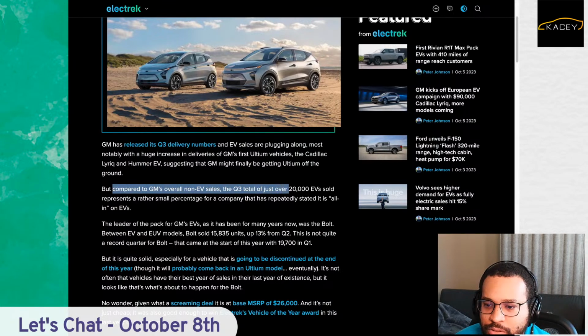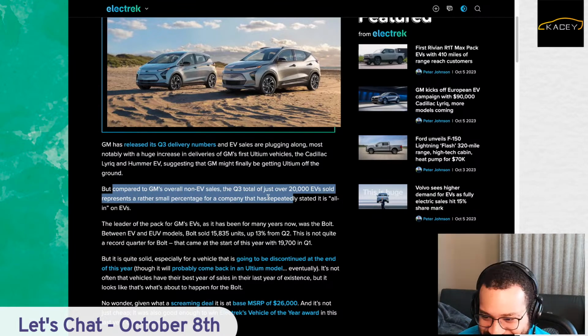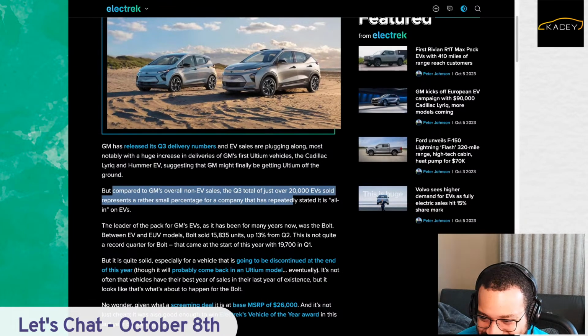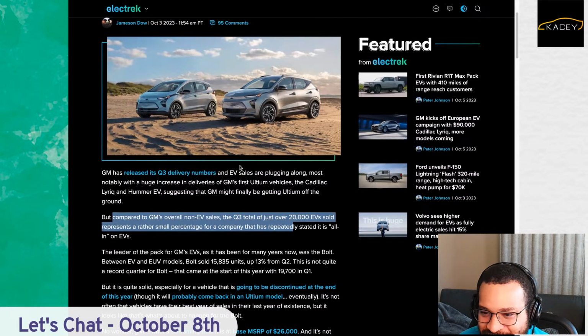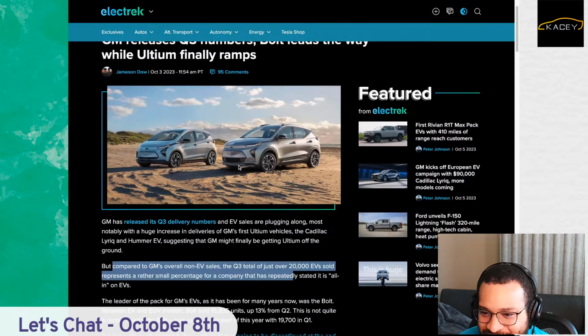GM's overall non-EV sales, Q3 total of just over 20,000 EVs sold, represents a rather small percentage of the company that has repeatedly stated it's all in on EVs. Even electric is trolling you, GM. You've done lost it.